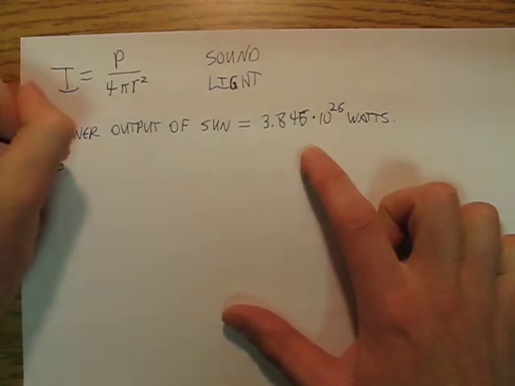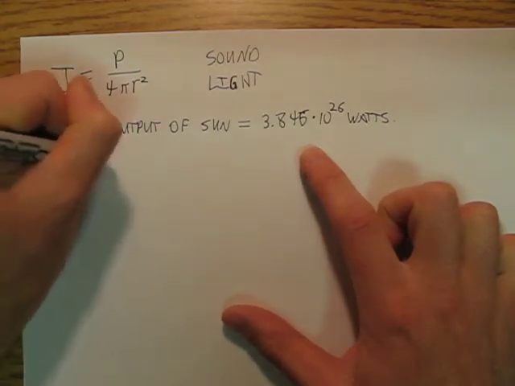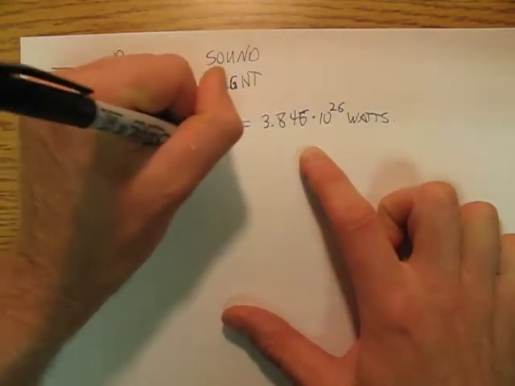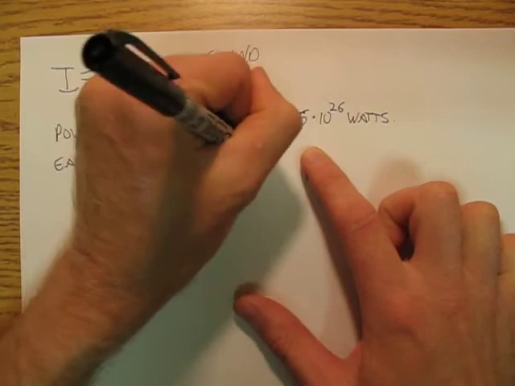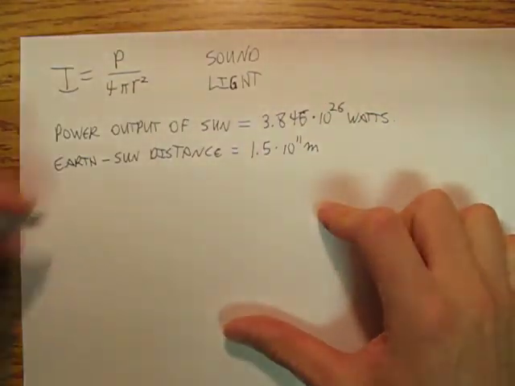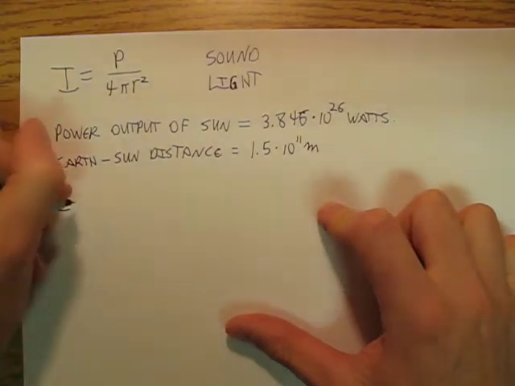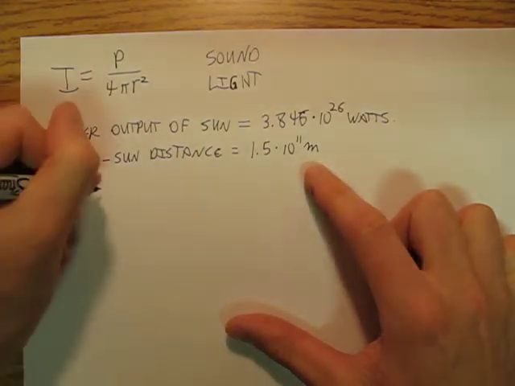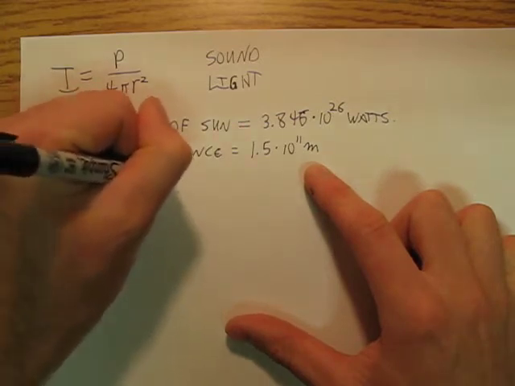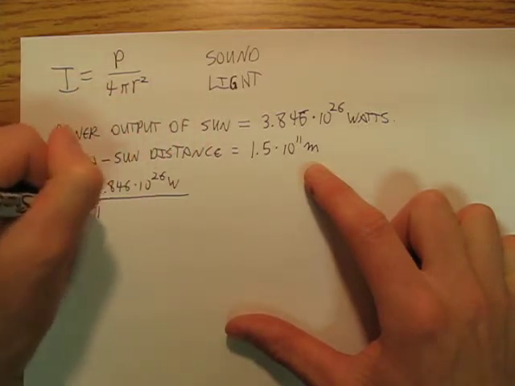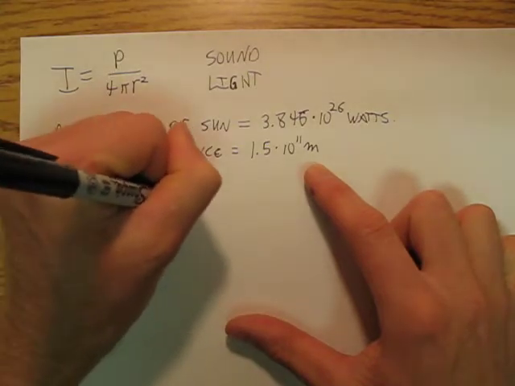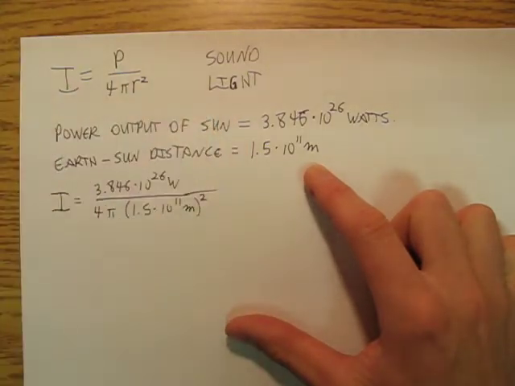And the Earth-Sun distance is 1.5 times 10 to the 11th meters. So the I, the intensity of sunlight hitting the Earth, is going to be 3.846 times 10 to the 26 watts divided by 4 pi times 1.5 times 10 to the 11th meters squared.